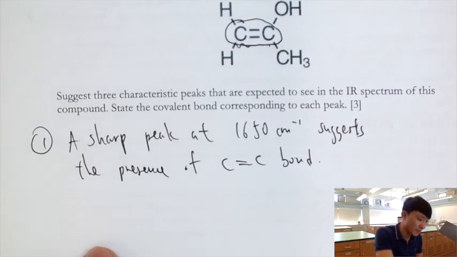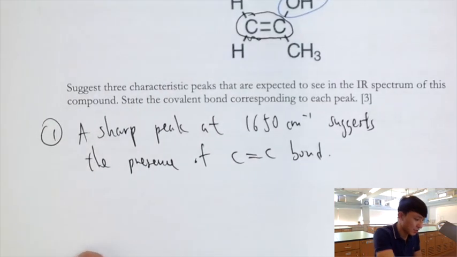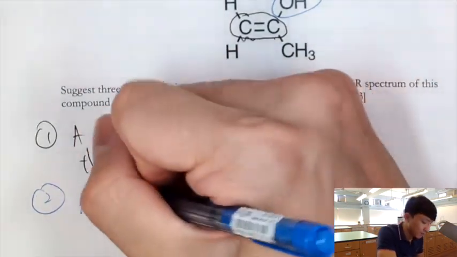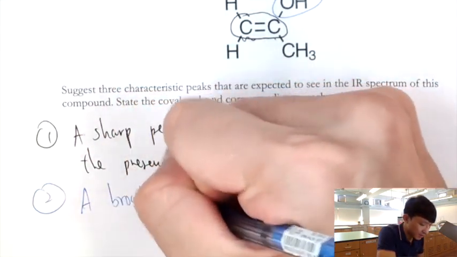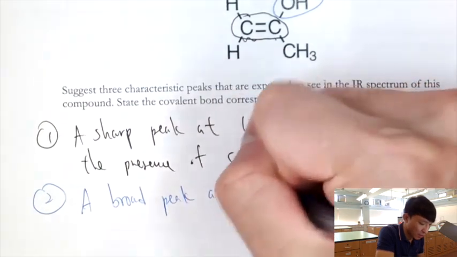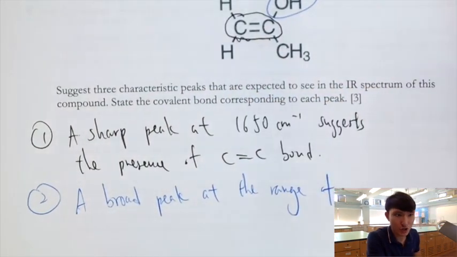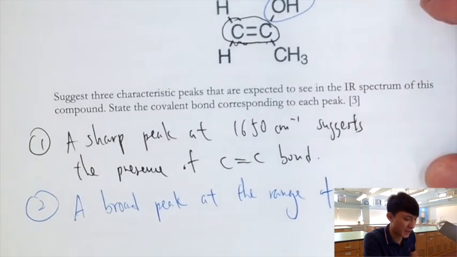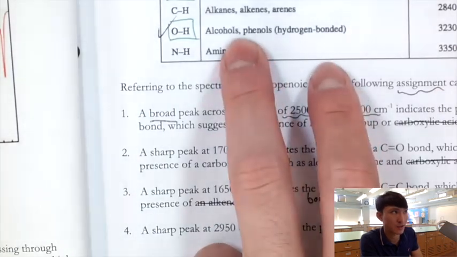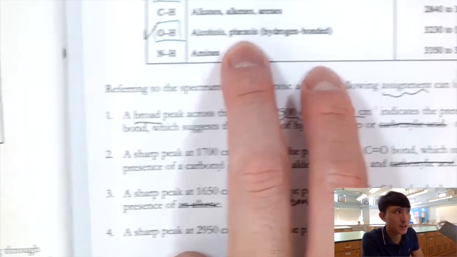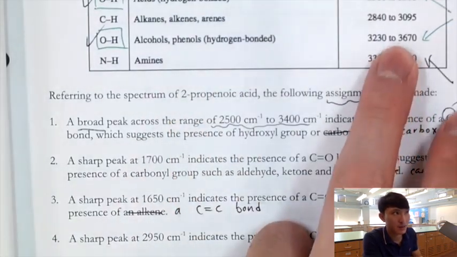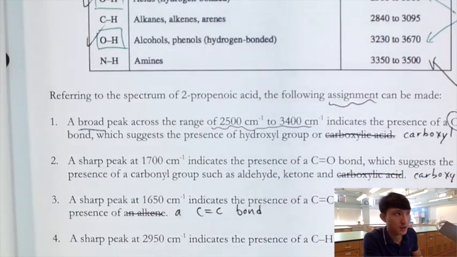And then you can mention the OH. Again, this time it should be a broad peak, at the range of, because this is an OH, you should have the range of this one, because this one corresponds to the alcohols and the phenols, right? So it should be here, 3230.